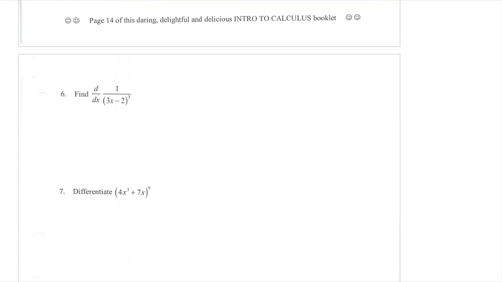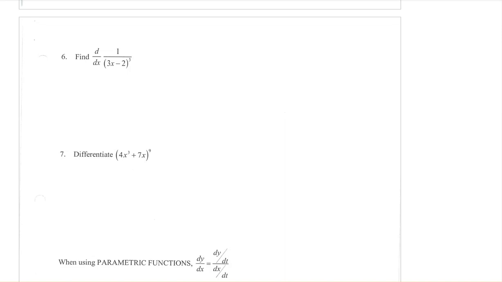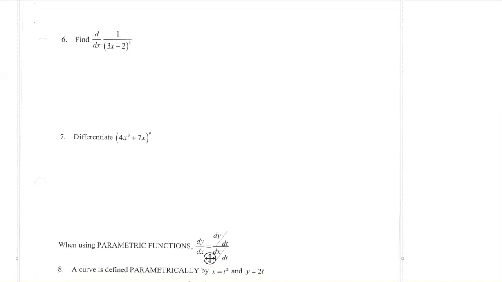Question 6. Remember, this is another way of being asked to differentiate something. It's saying find d over dx, and this equation here is what I want to find the derivative of. So before I can differentiate it, I need to get rid of the fraction.